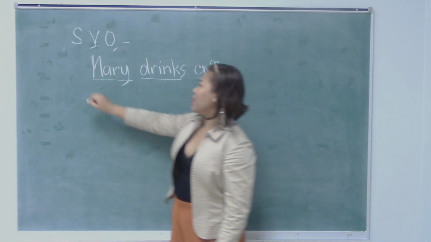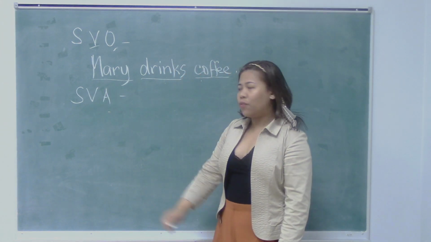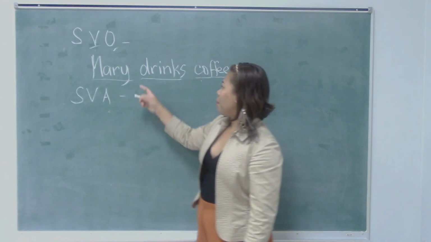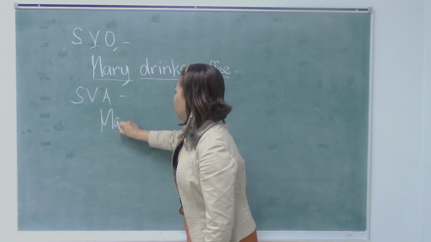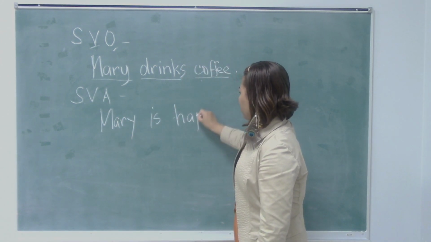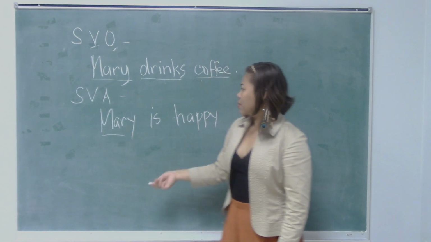The second pattern is the SVA, which stands for subject, verb, adjective. For example, let's use Mary still. So Mary is happy. Mary is the subject.